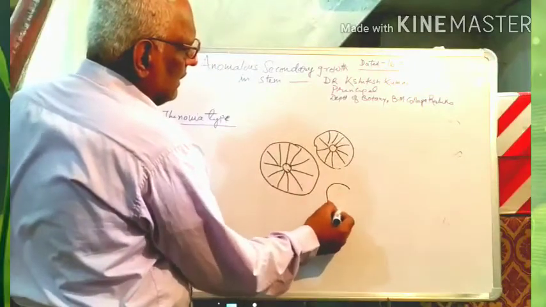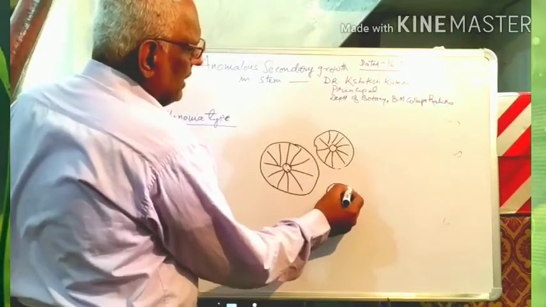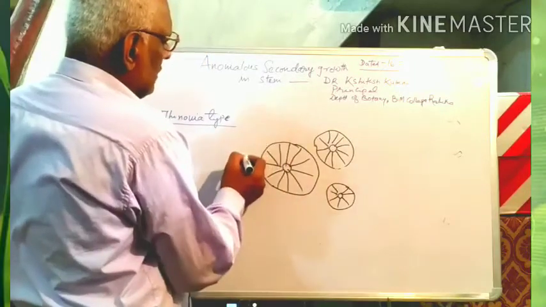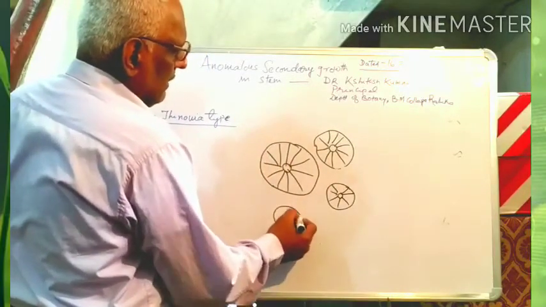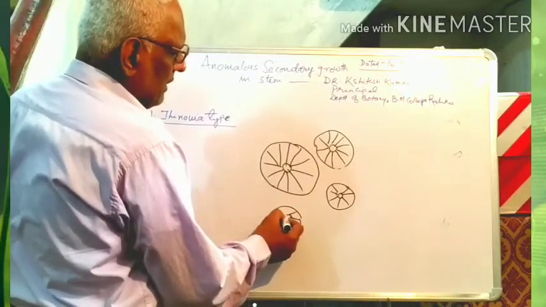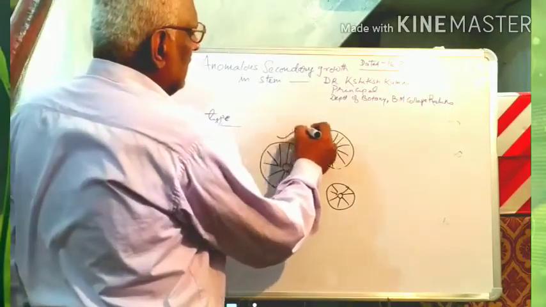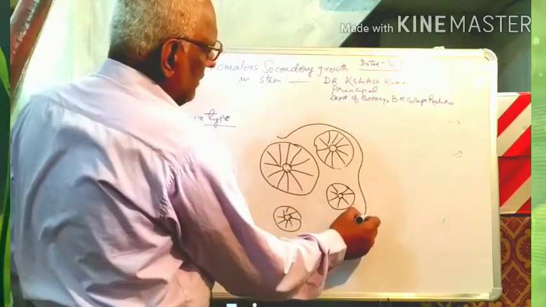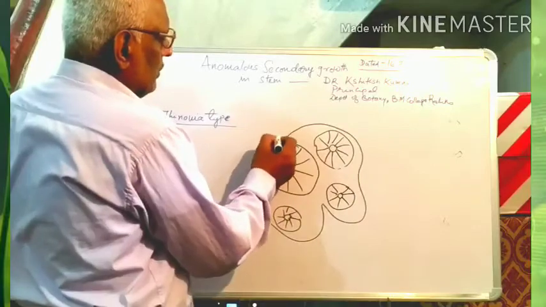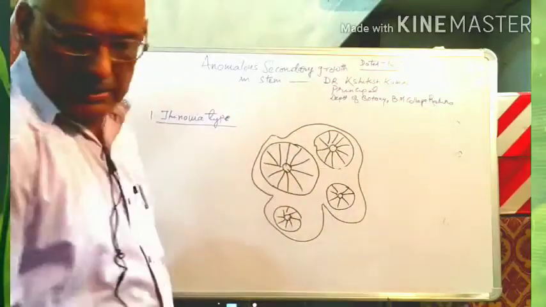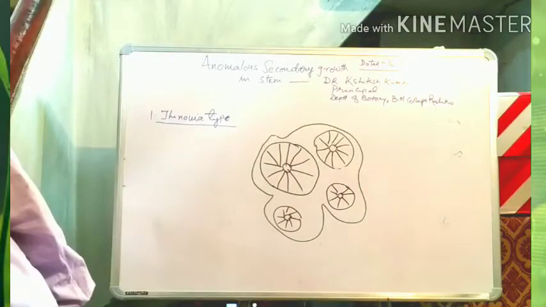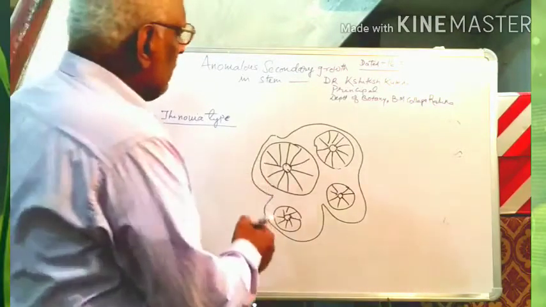Here the next peripheral stele is found, here also a secondary peripheral stele, and these are encircled by the epidermis. This is the peculiar character.